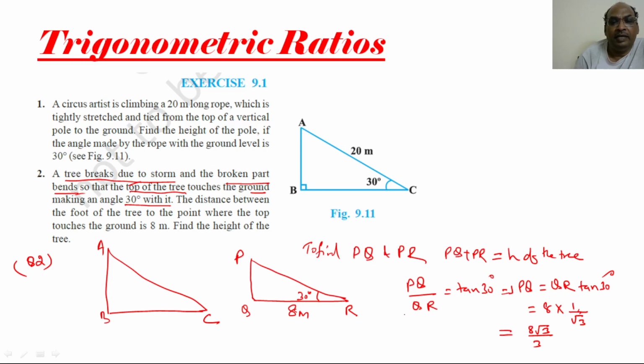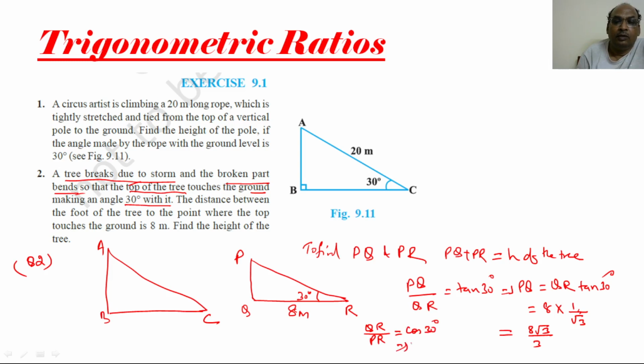Now QR is already given to us. We need to find PR. So how will we find PR? We know that QR by PR is equal to cos 30 degree.